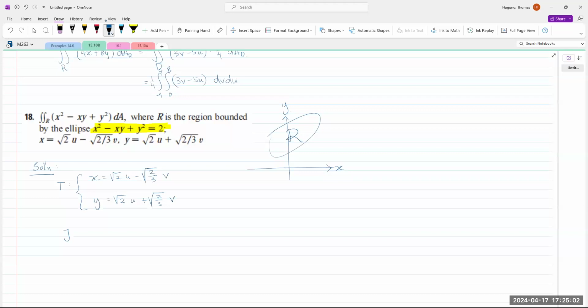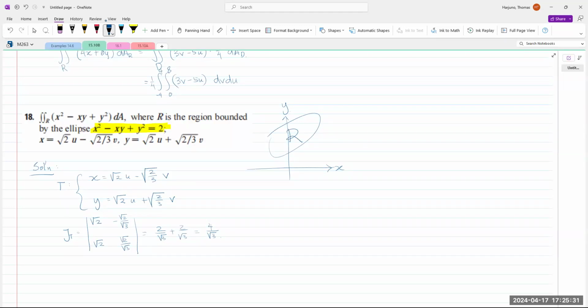So the Jacobian of T will be square root of 2 times square root of 2 over square root of 3, plus square root of 2 over square root of 3 times square root of 2. That is 2 over radical 3 plus 2 over radical 3. That's 4 over radical 3.